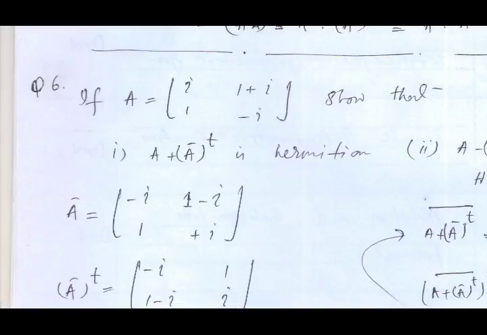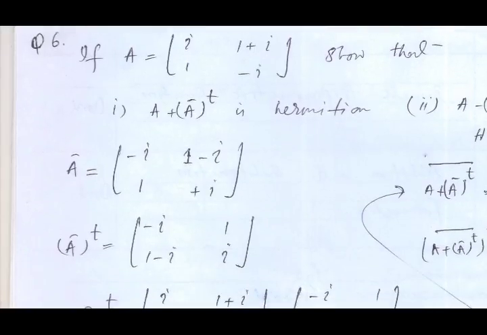First we find A bar. When we find A bar, the sign of the imaginary component is changed. Plus iota becomes minus iota, and minus iota becomes plus. Only imaginary numbers change, not real.